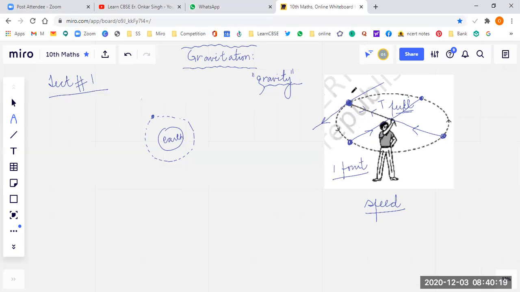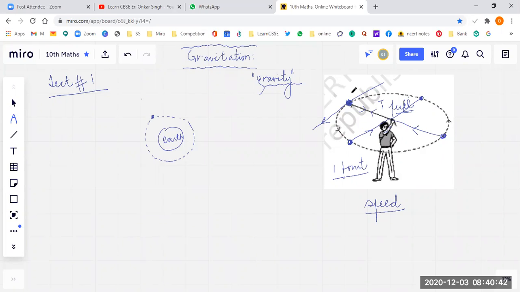So ultimately what we learn is that it is because of the muscle power of the boy, because of this muscle power, the stone is constantly circulating in the circular path.